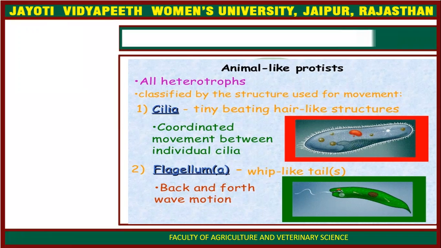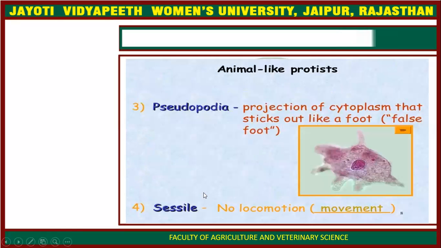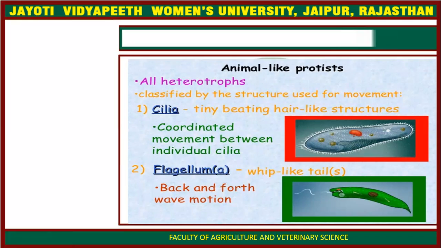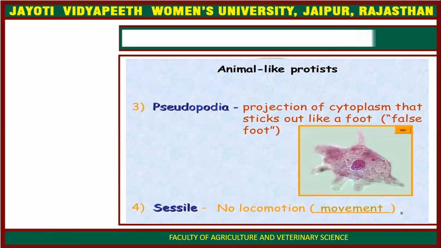They have some particular organelles by which we can say that they are animal-like. So what are these organelles? Cilia are tiny hair-like structures which help in movement. Flagella is a whip-like tail which helps in movement. Pseudopodia is another organelle which is found in the protista.